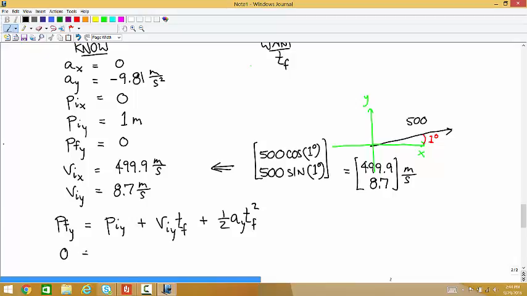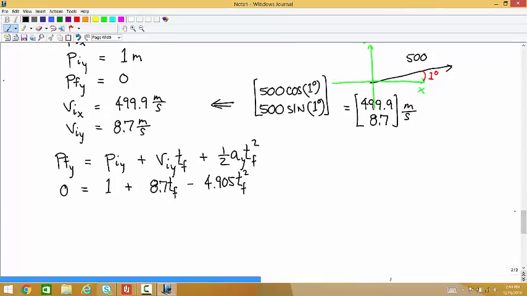So 0 is equal to 1 plus 8.7 TF minus 4.905 TF squared. So negative 4.905 is A. Positive 8.7 is B. And 1 is C. And what do you get if you solve that?